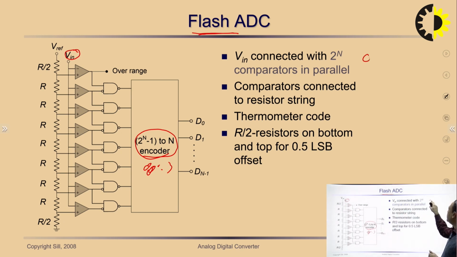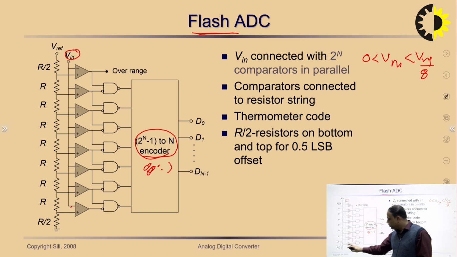Let's suppose the input signal lies in the range V reference by 8 to 0. In this case this comparator becomes 1, and this pin is set to 1, and the rest of the pins are set to 0.